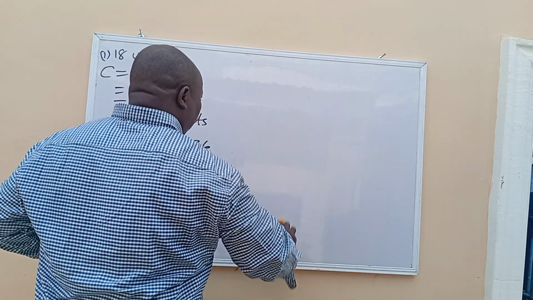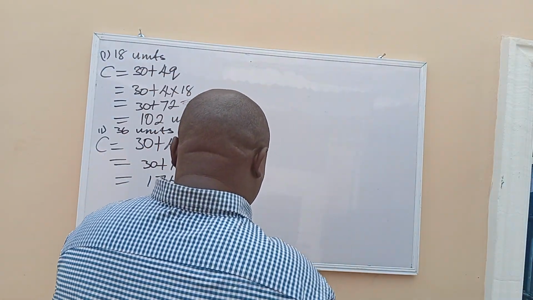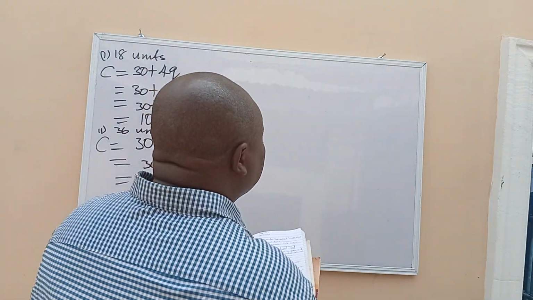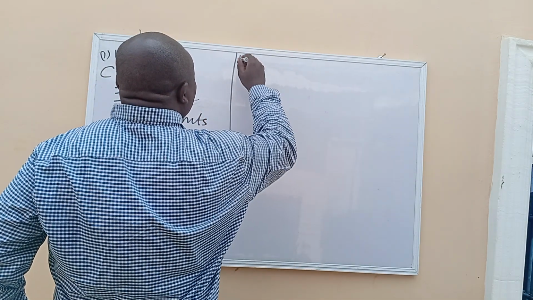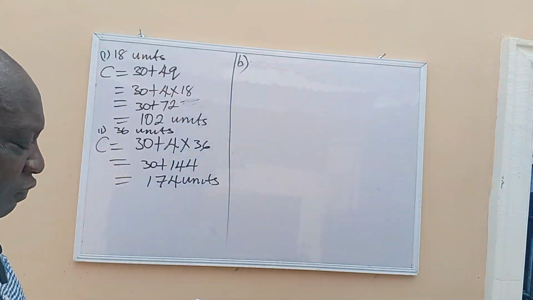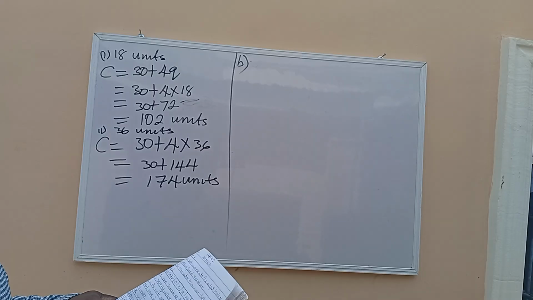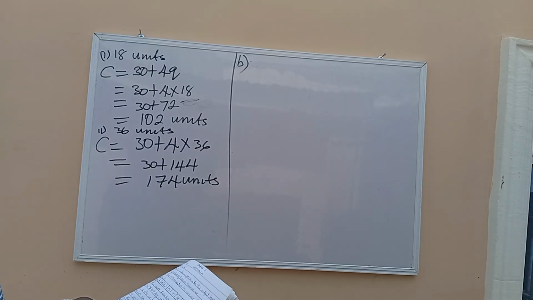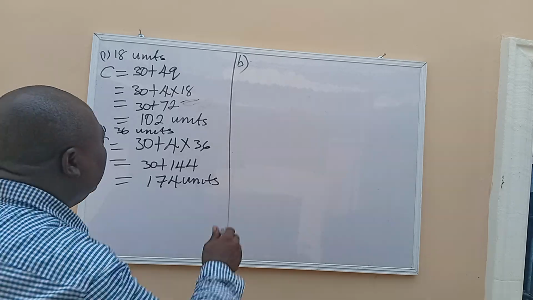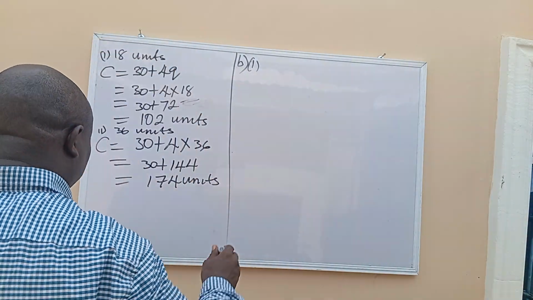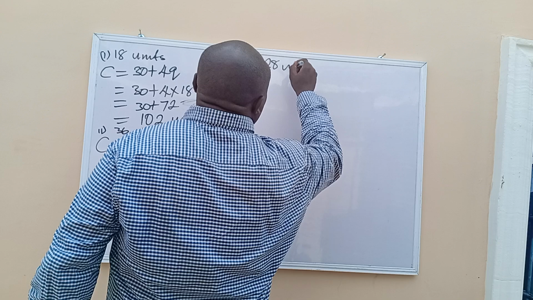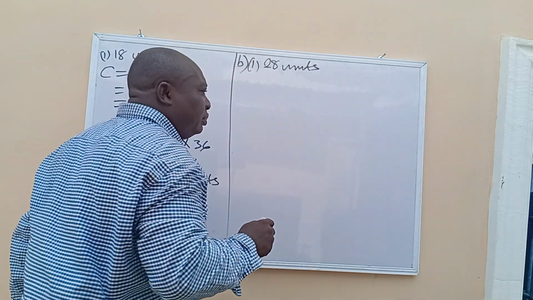So we move to the next one, which is B. Let's solve question B. Question B says, what is the average cost in dollars of producing Roman figure 1, 28 units?